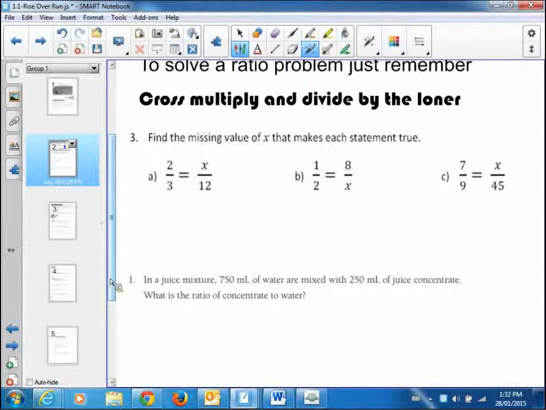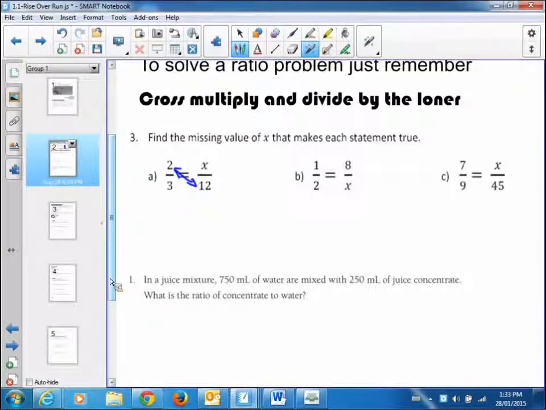If I've got this proportion set up, I look where the x is. This is what I want to solve for, right? So, you look for the diagonal with two numbers. 2 and 12 is on its diagonal. So when I say cross multiply, that's what I'm talking about.